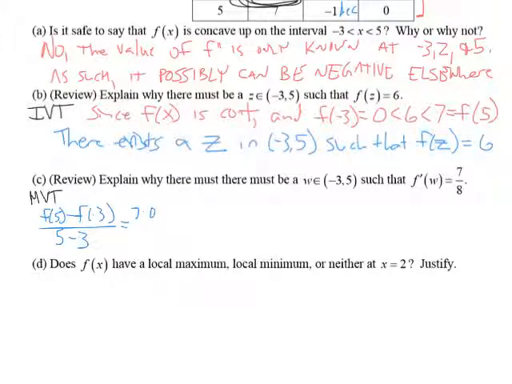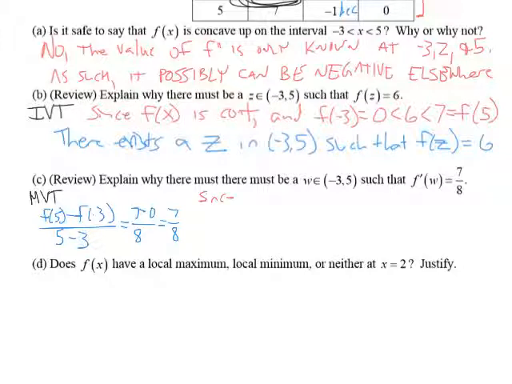That's 7 minus 0 over 8. So our average slope is 7/8. The mean value theorem will guarantee that somewhere the slope of the function is 7/8.